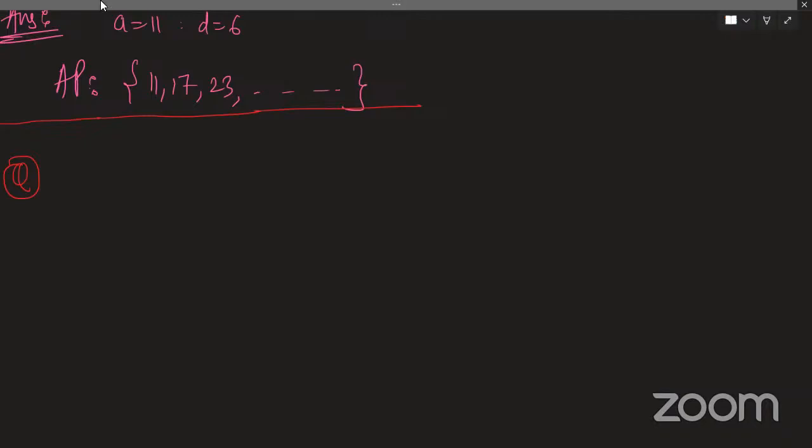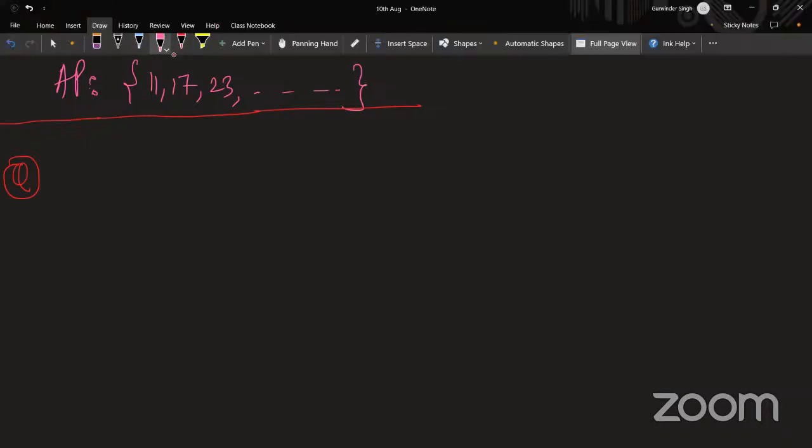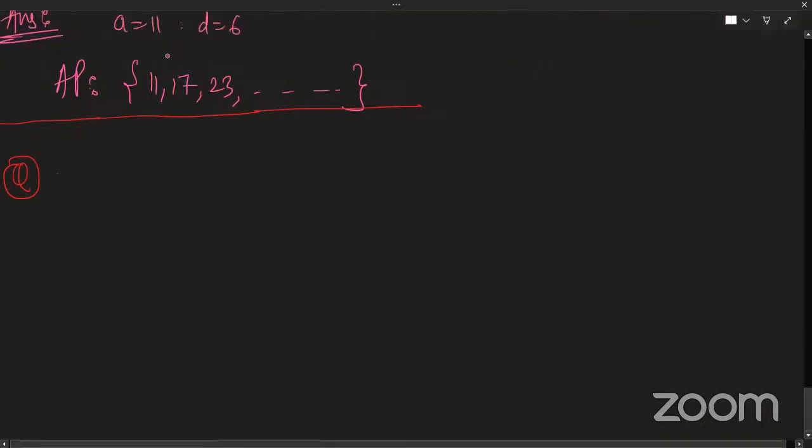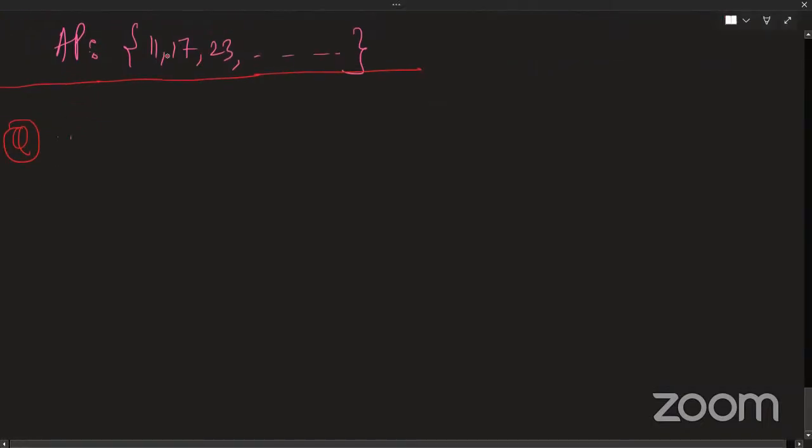So just one very small, calculative type question. See, you have a pack of n cards numbered from 1 to n.